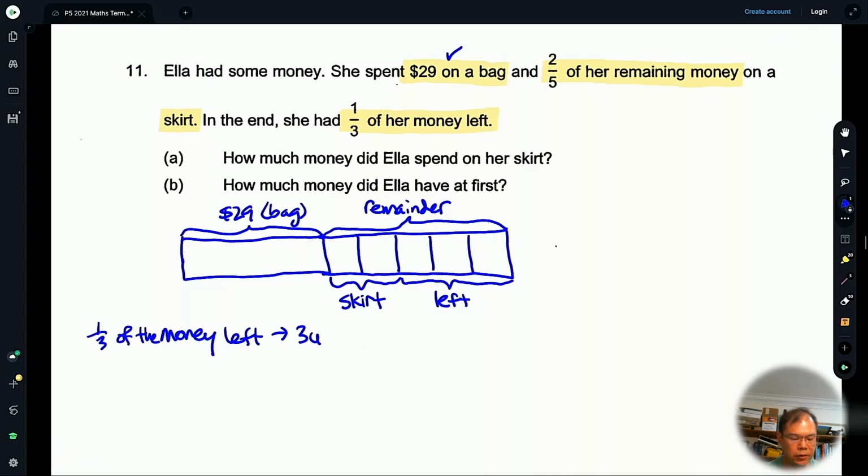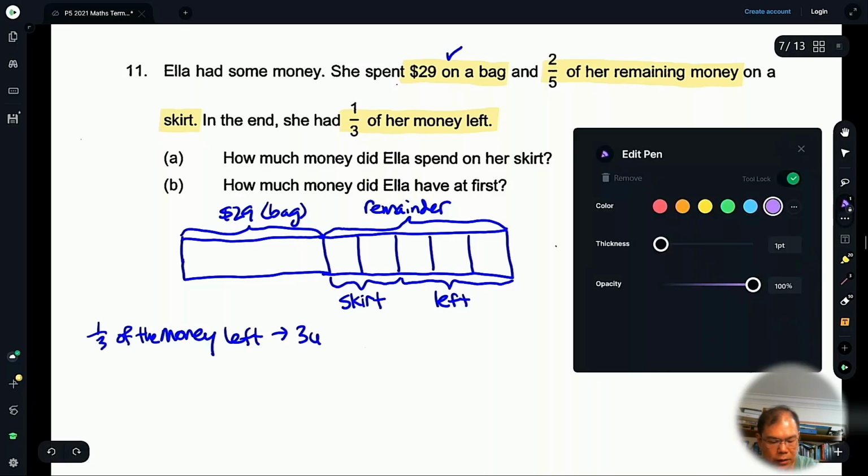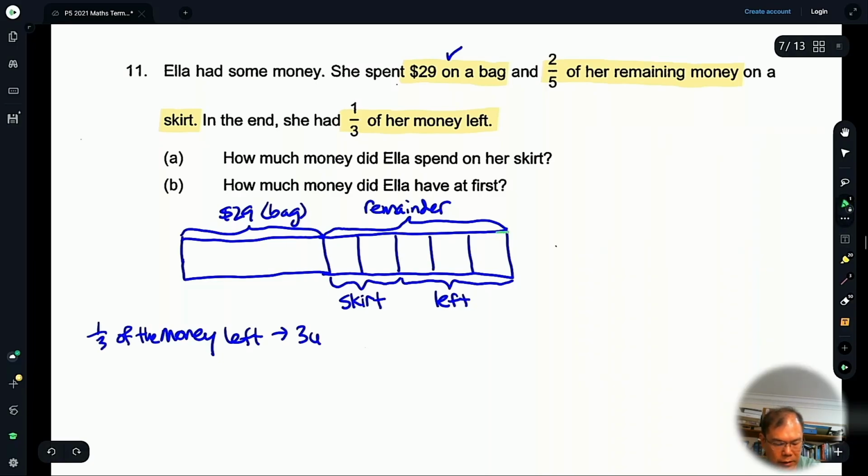So I'm going to switch to another color to help you see. So if this is 1/3, okay, where is the other 2/3? Here. This must be the other 2/3, right?